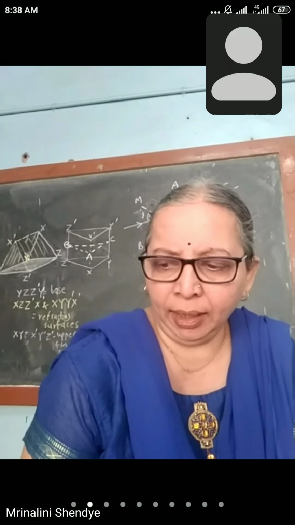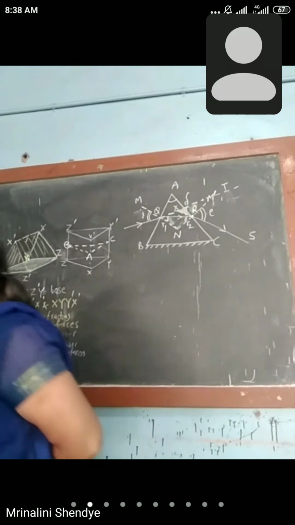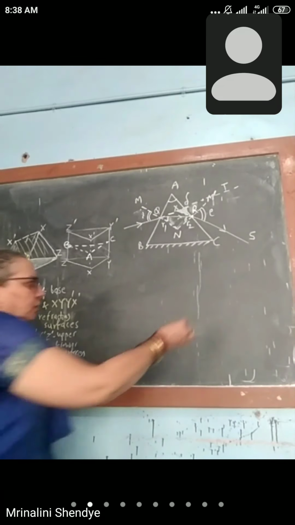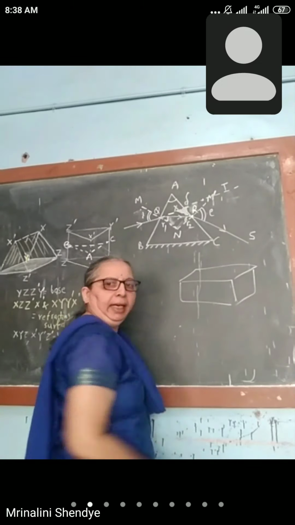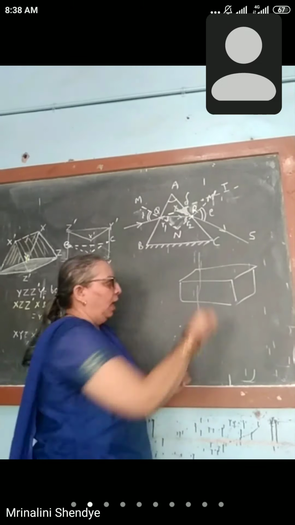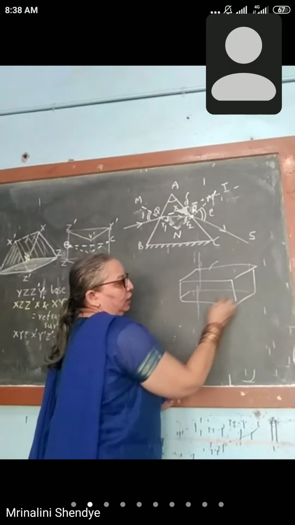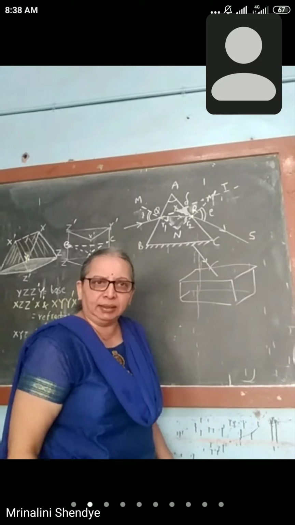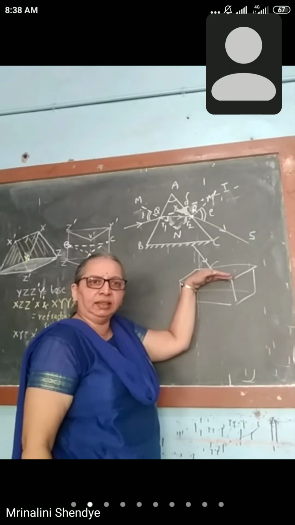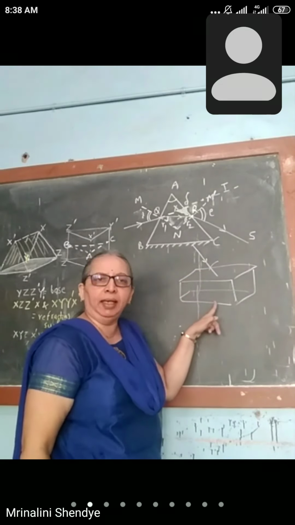So here, if you consider a glass slab, it has two surfaces, the upper one and the lower one. Suppose a ray is incident on the upper surface, the interface is transparent, the other medium is transparent.